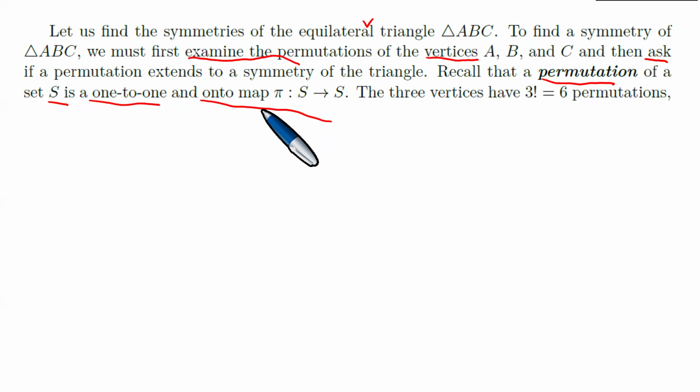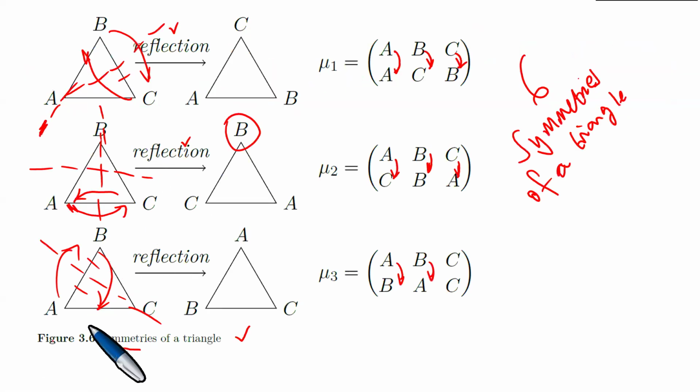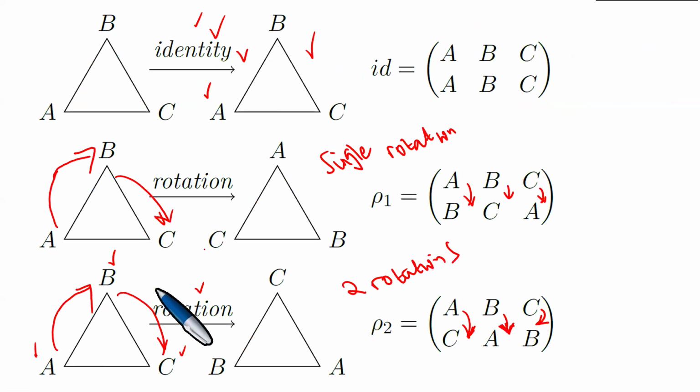The 3 vertices of a triangle produce, this is powerful, exactly 3 factorial, which is 6 permutations. We saw there are 6 permutations for the triangle, right? We saw 3 reflections, 2 rotations, and the identity symmetry.